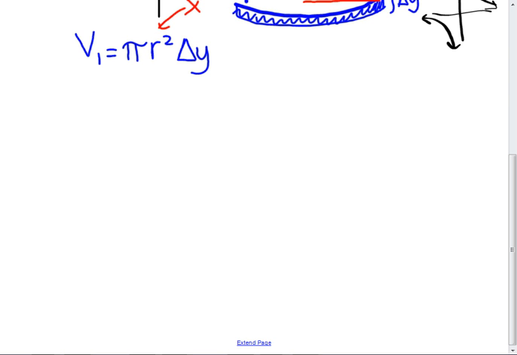Okay? So the volume for the whole thing, we're going to add it up. It's pi x squared, and it's dy. And what variable do I want to keep? The y. Because it's the radius of my cylinder.